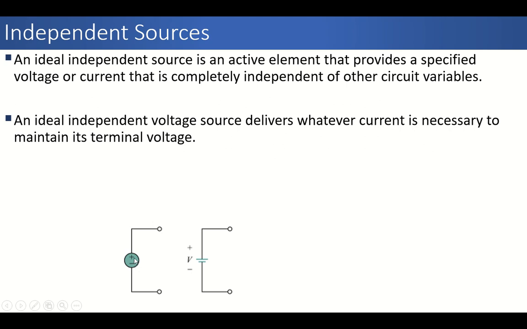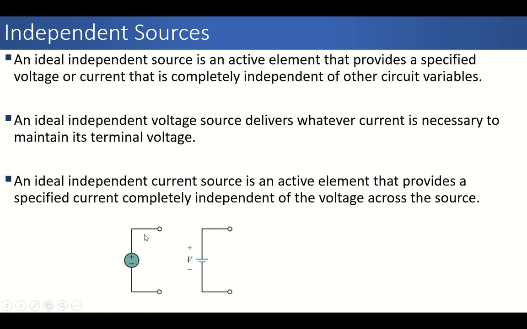So this is the positive terminal and this is the negative terminal, and generally we label the voltages that the particular independent source is providing. So maybe we can use here 12 volt, 5 volt, 9 volt, or whatever. The important point is that current could be whatever, but voltage across these two terminals will be fixed.